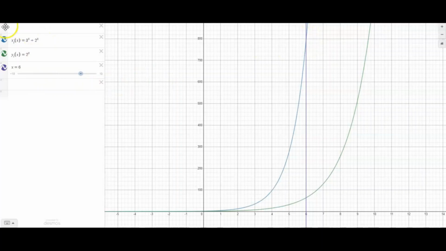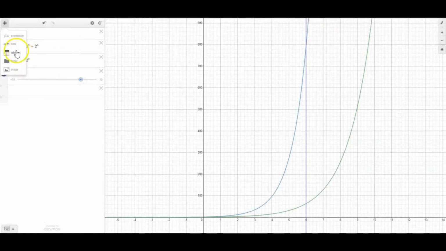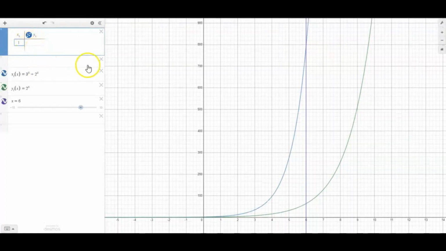One other thing I can do here is show a table of values. So I'll create a table and look at different values of x. Here I want to look at x sub t of x1, and here y sub t of x1. So when time is 0, this just reproduces our initial state.